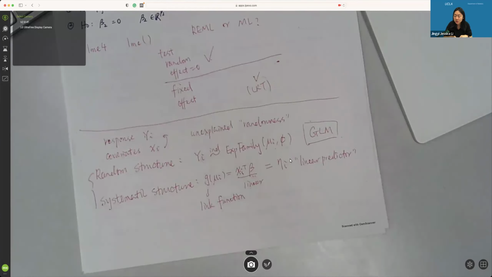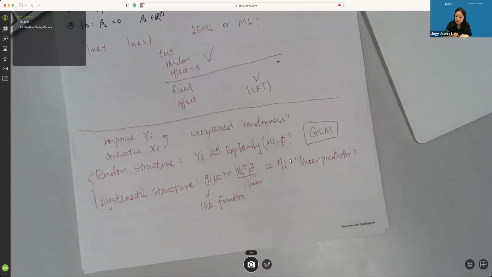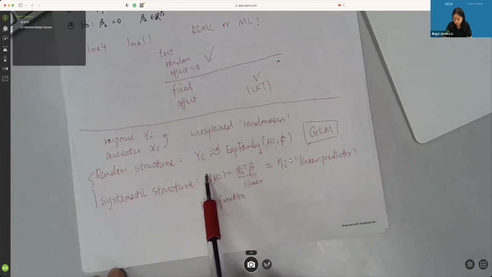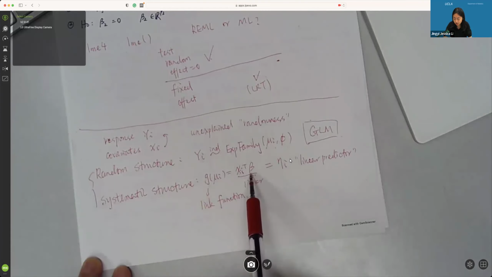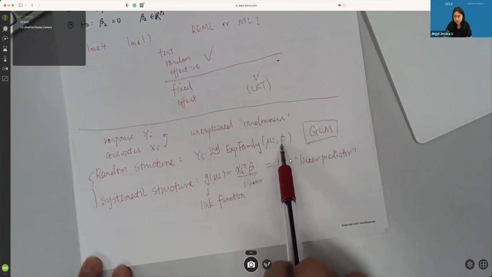But now I would say there's a simpler way to do that, even though you don't know so much about statistics, which I think is useful for practice, and it's something I'm advocating for my research. That is, you can sample from this fitted model. Suppose that you fit a GLM and you have the beta hat, and correspondingly you have the mu i hat. You also have the nuisance parameter estimated.